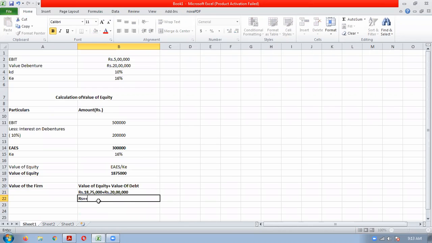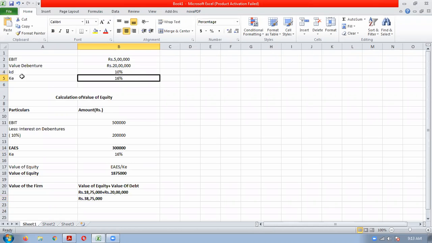So 18,75,000 plus 20 lakhs, rupees 38,75,000. So this is the value of the firm. Here you should take 16%, not 10%, because KE is 16%. We are capitalizing the earnings available to equity shareholders with the KE, and we get the value of equity.